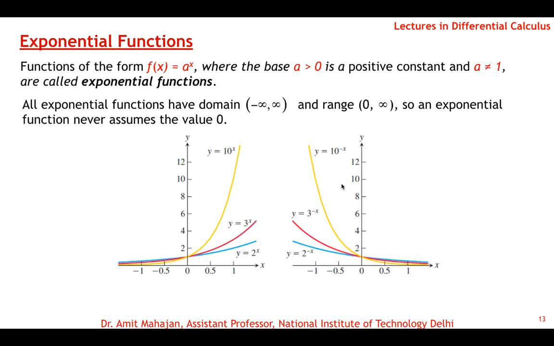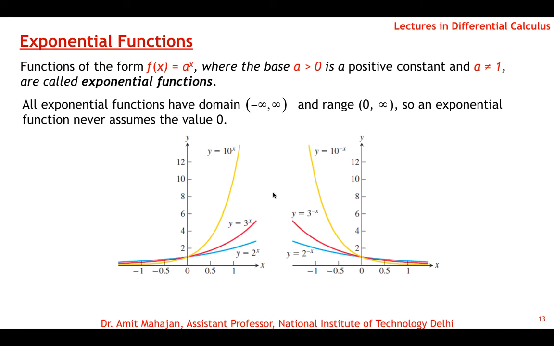And these 10 power minus x, 3 power minus x are decreasing functions of x, and they never touch the x-axis, so they never assume the value 0. So you can see that the domain is minus infinity to infinity, but the range is only 0 to infinity.